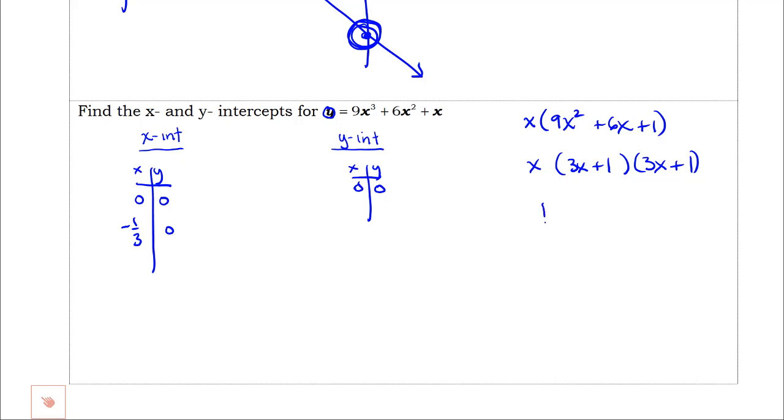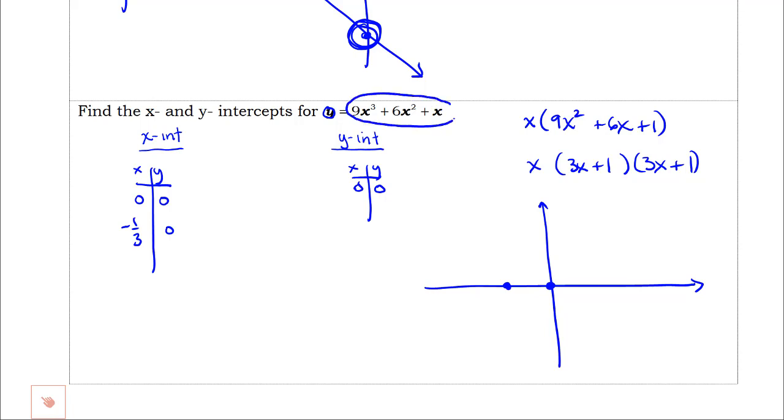Okay? So, if we were to draw this, clearly it would go through the origin. Clearly it would go through negative 1/3, 0. Now, looking at this, what happens when x gets more and more and more positive?